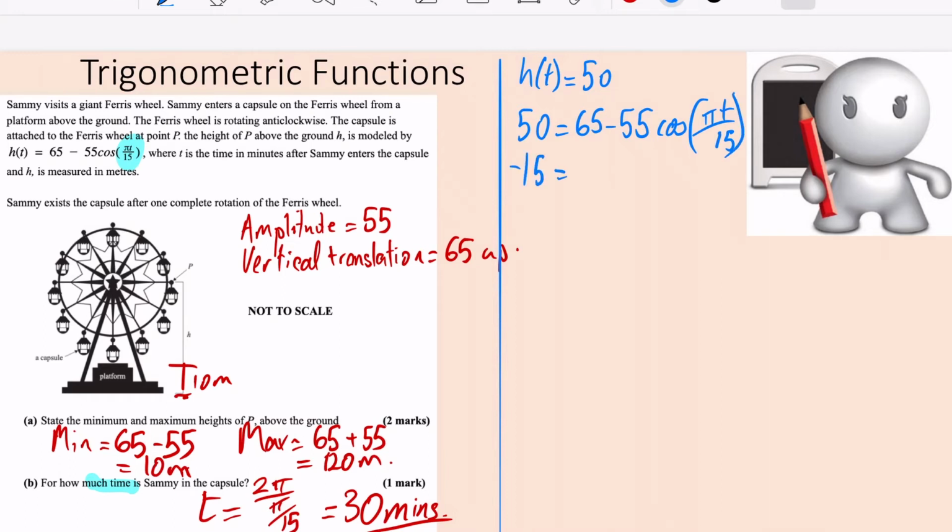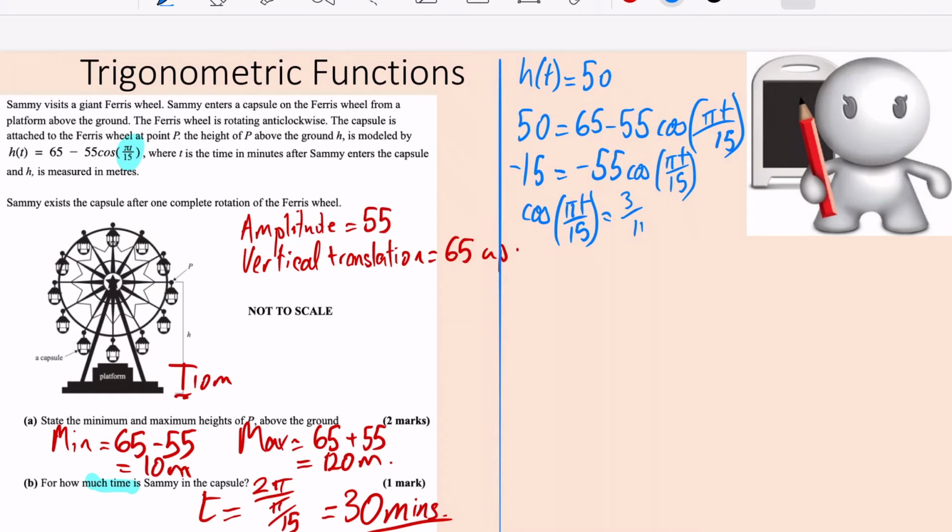Take away 65, and we're going to get negative 15 equals negative 55 cos of pi t on 15. Dividing both sides by negative 55, we get cos of pi t on 15 equals negative 15 divided by negative 55, which is 3 on 11.